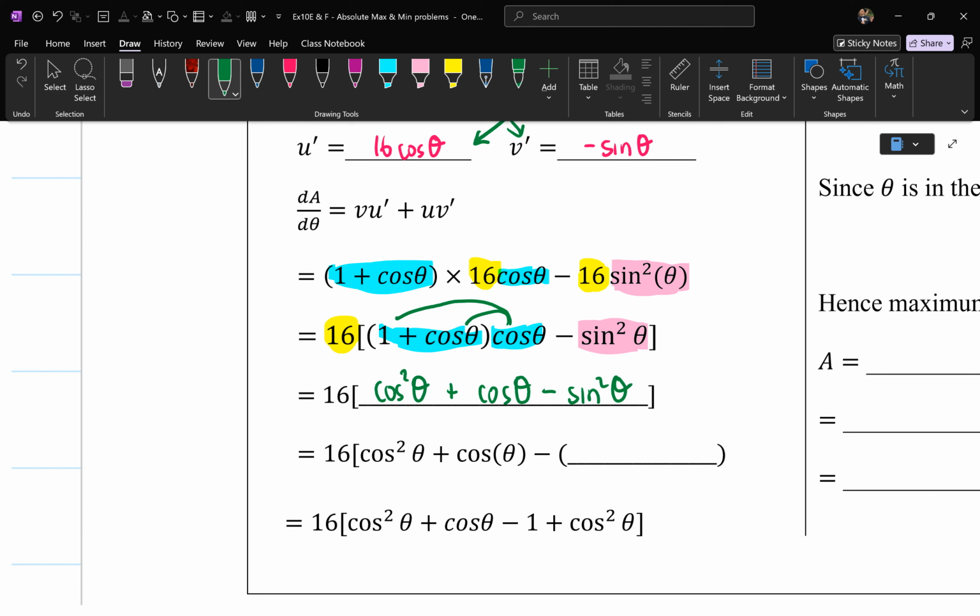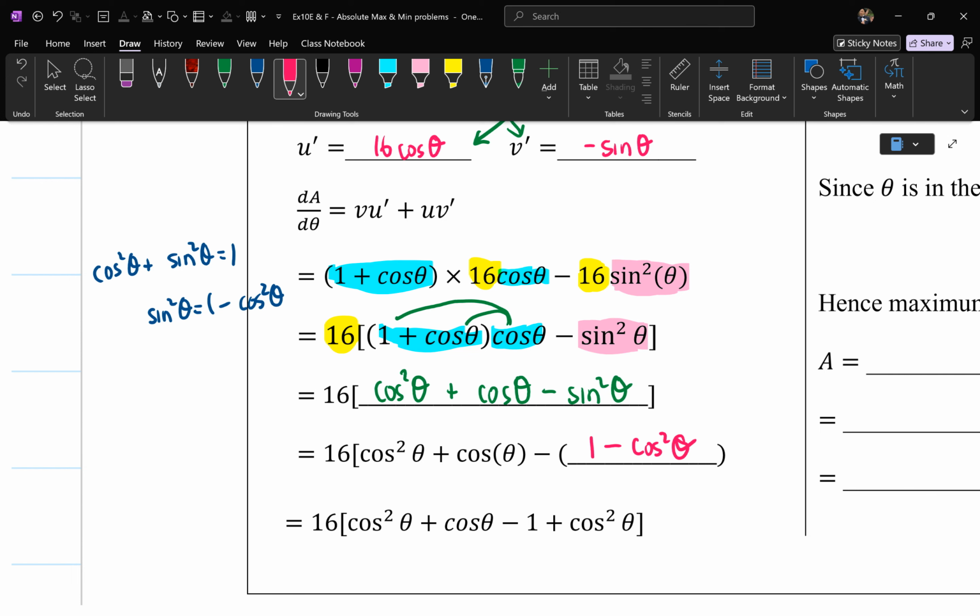That'll be key. Now we know that there was a property, Pythagoras' theorem: cos squared theta plus sine squared of theta has to equal 1. So that means sine squared of theta must equal 1 minus cos squared of theta. So here I fill it in. I say 1 minus cos squared of theta. And for those who forgot, I was hoping this bit kind of hinted it.